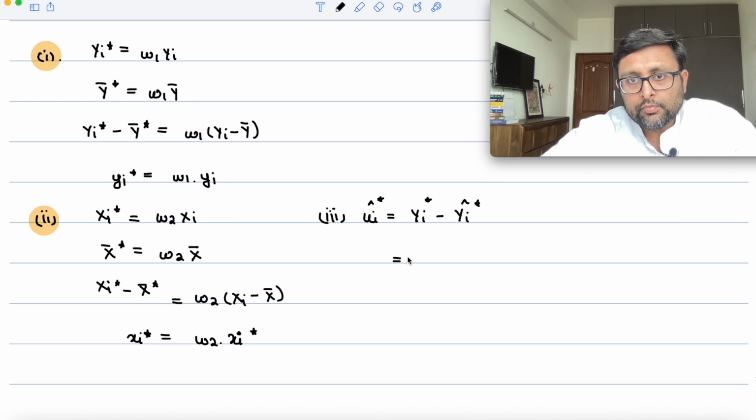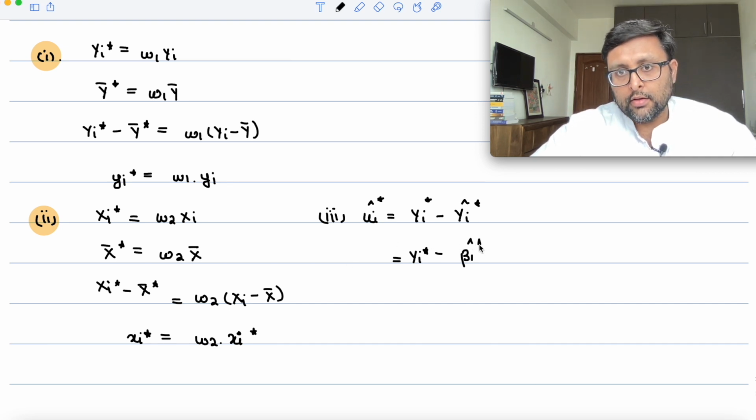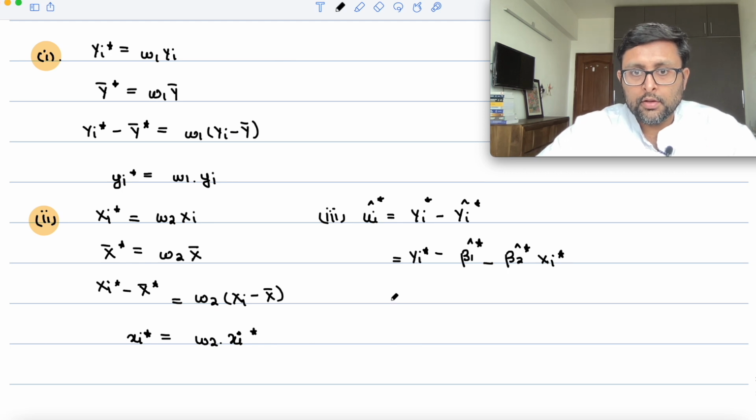So yi star minus, now yi hat would be beta 1 hat plus beta 2 hat xi. Yi hat star would be beta 1 hat star plus beta 2 hat star xi star. How about that?